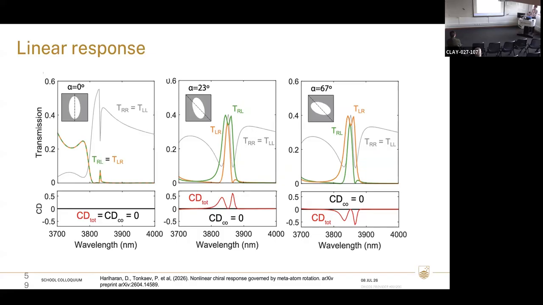However, for cross-polarized components, they are quite different and swapping between these two angles, and we can achieve positive linear CD in this case, and then by just rotating the meta atom, we can achieve the negative CD with the same amplitude.